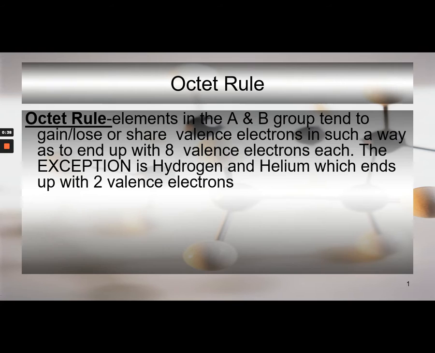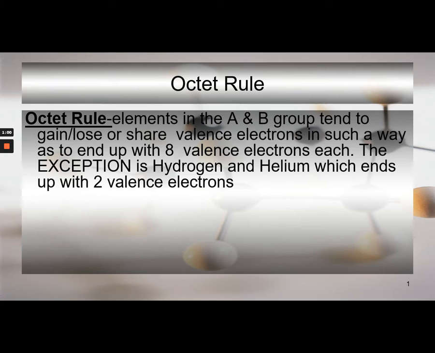Remember, elements want to have 8 valence electrons in their valence shell, except for hydrogen and helium, which can only hold 2 because that's an s orbital. After atoms have 8 valence electrons, they begin a new quantum energy level or a new period.